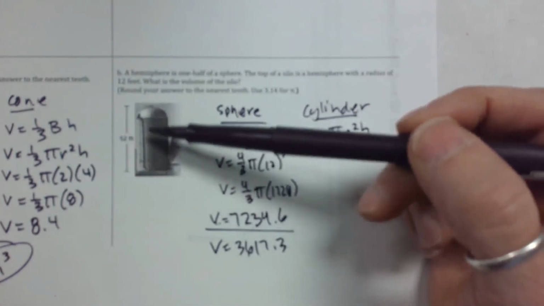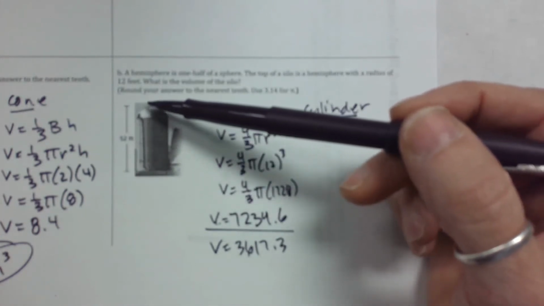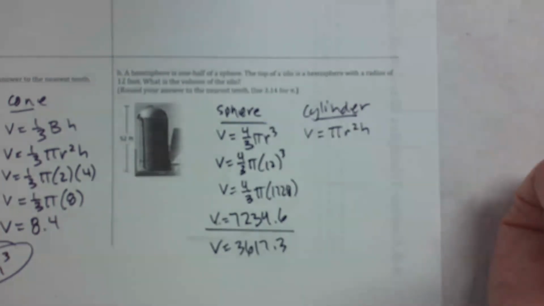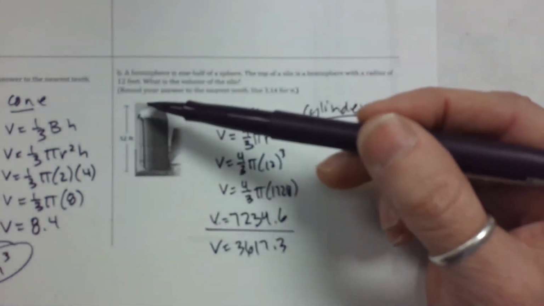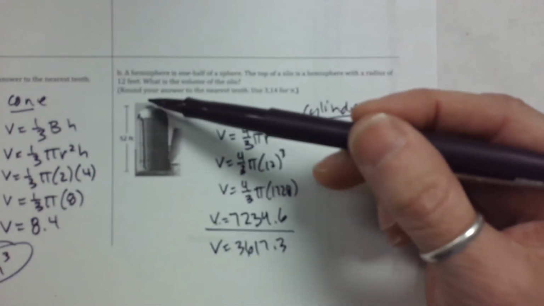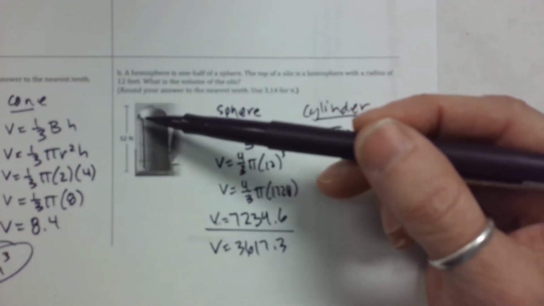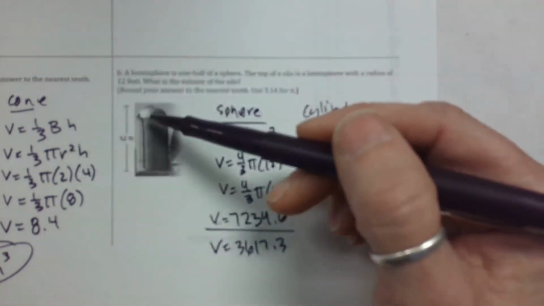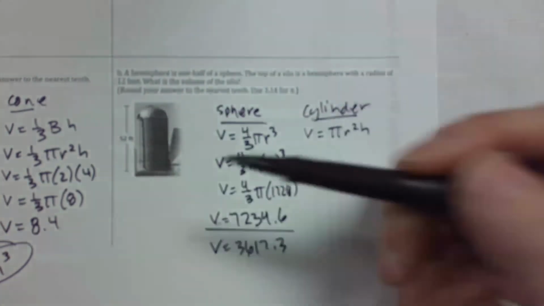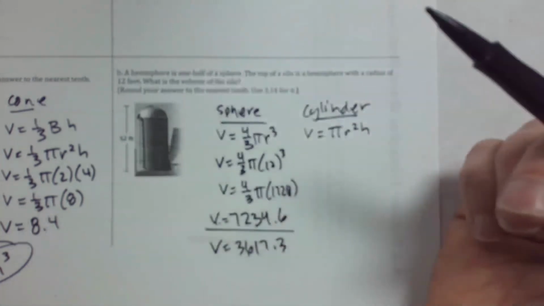bottom of the silo all the way to the top of that hemisphere that's at the very top. So I would really like to chop off the distance from the top of that hemisphere to its base. And if we think about if this was a sphere, the distance from the center of it to any outside edge would be the same.